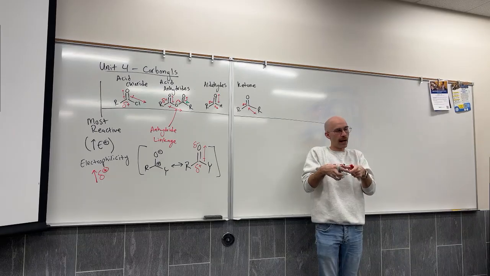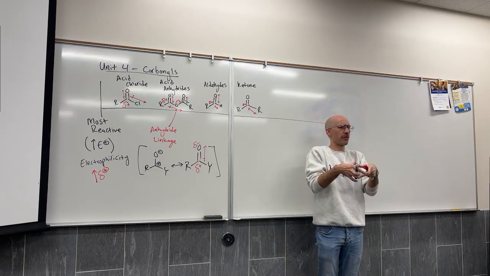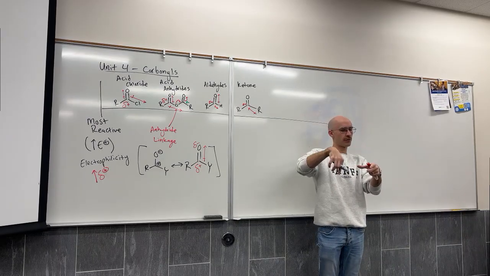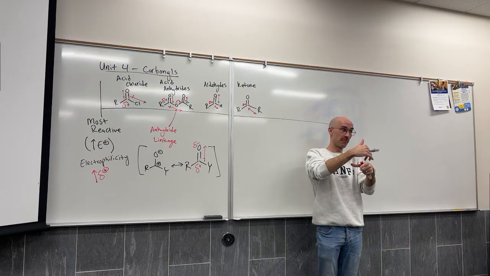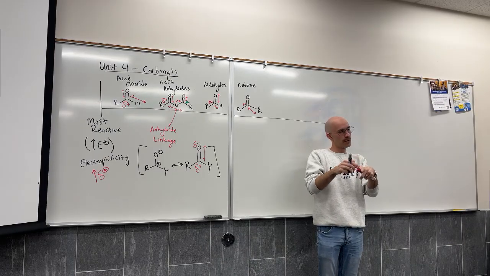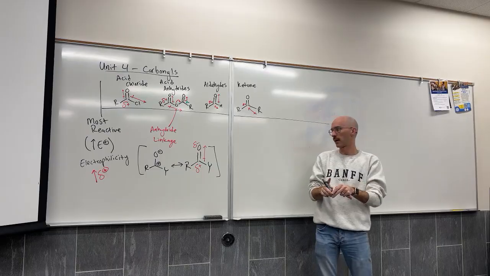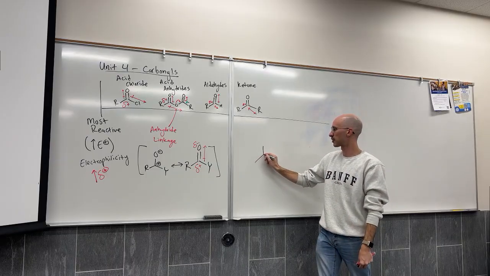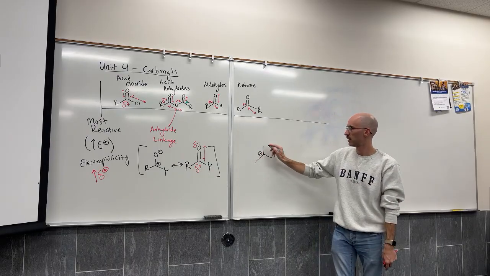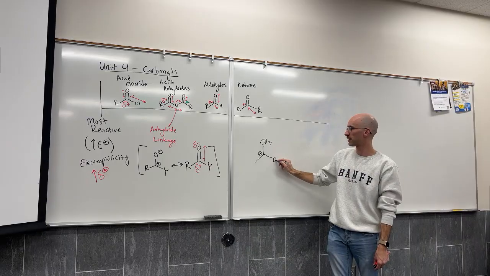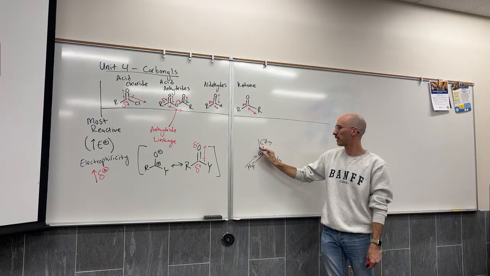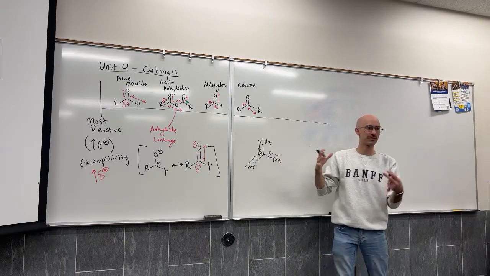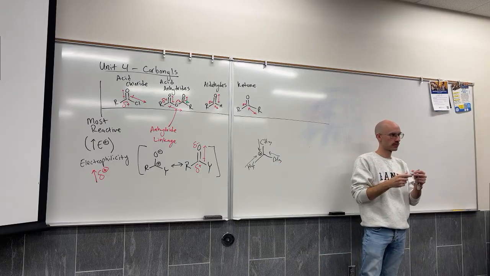If I have a methyl carbocation, CH3+, there's not a lot of electron density I can pull from those hydrogens. But if I have a tertiary carbocation, like the butyl carbocation, there's a lot of electron density in these groups that can get pulled in to help stabilize that positive charge.